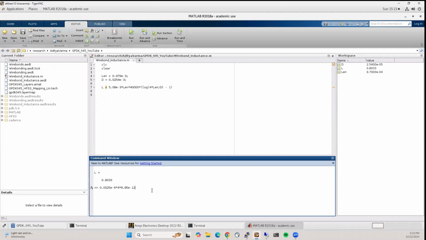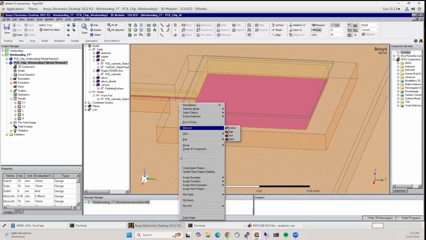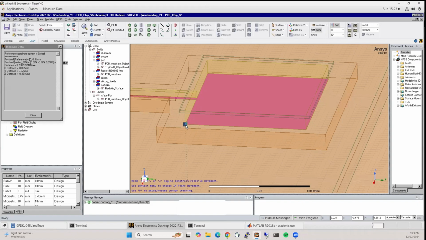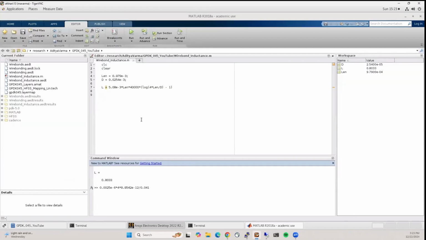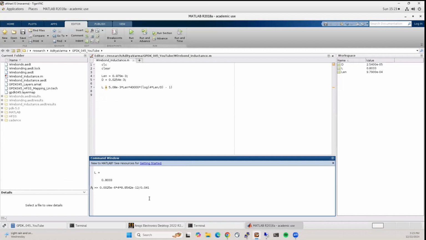Of course, it has to be negative. Divided by 0.0041 E minus 3. That gives us around 21.6 femtofarad.